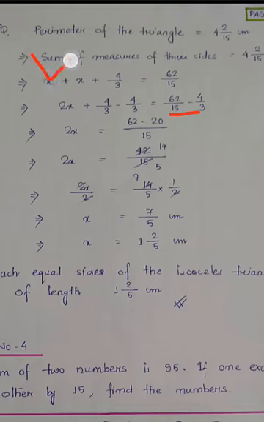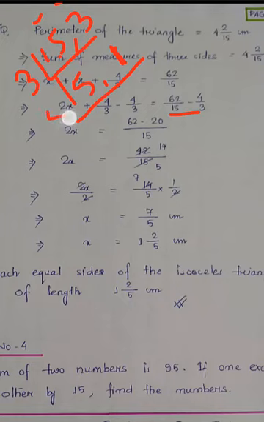After that, out of these two, 5 is again divisible by 5. 5 1s are 5 and 1 will be left as it is. We do not have to divide it further.